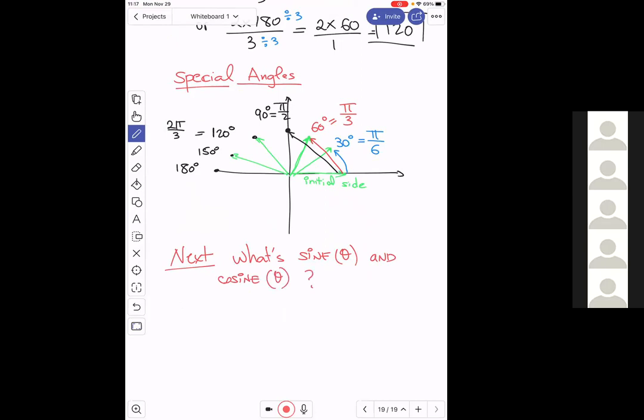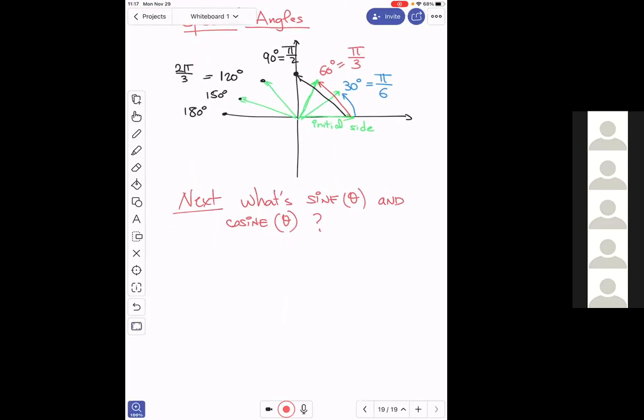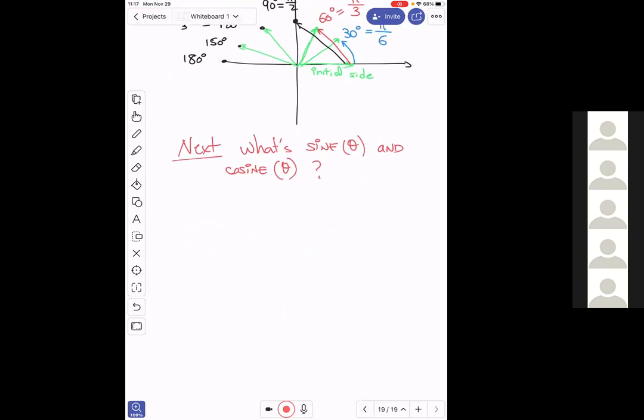Right. So what I'm gonna do, guys, I'm gonna use a unit circle. So we have a circle with the radius equal to 1. So this is your x-axis. This is your y-axis. This is, let's say, 1.